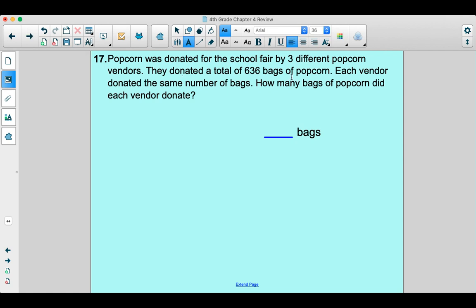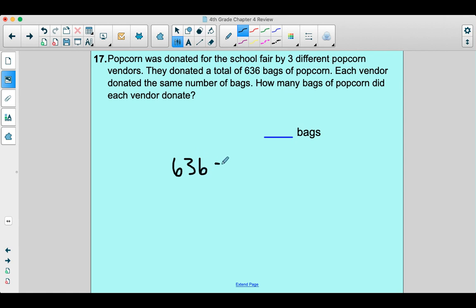All right, so we've got 3 different popcorn vendors and 636 bags, right? I see another really good option to use the distributive property because we're doing 636 divided by 3. So we just basically want to break down this 636 into nice, friendly chunks.